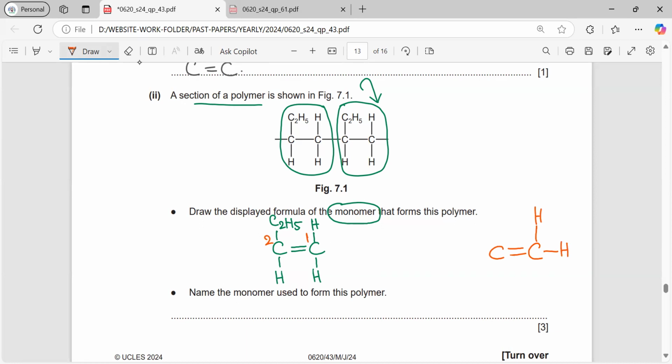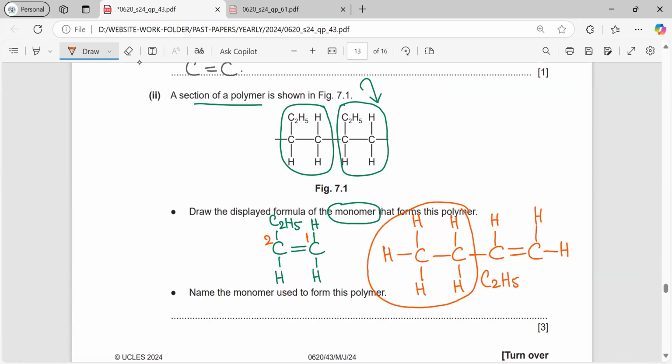The second carbon has 1 hydrogen and then C2H5 attached with it. So this part over here is representing C2H5, which is written in the combined form here.